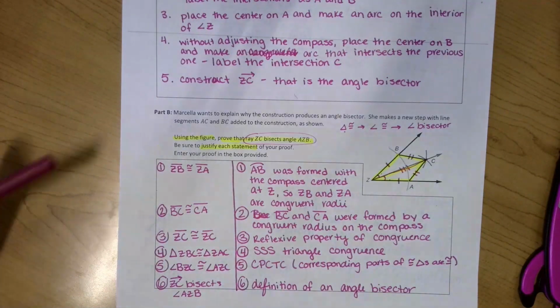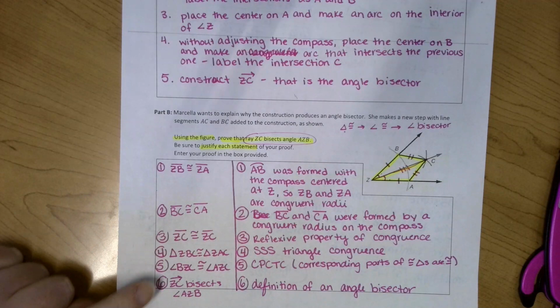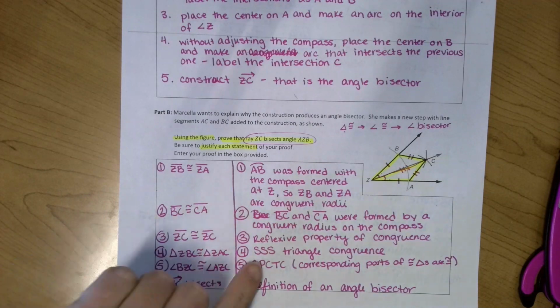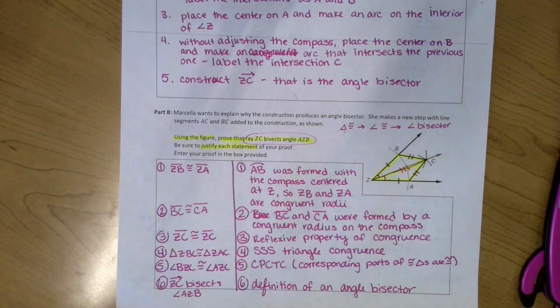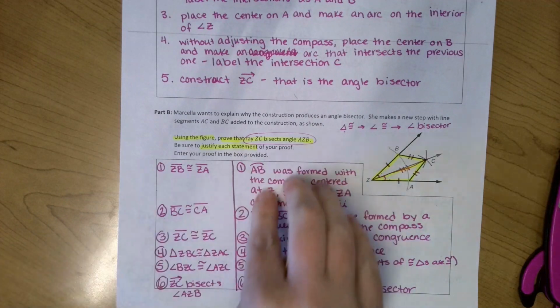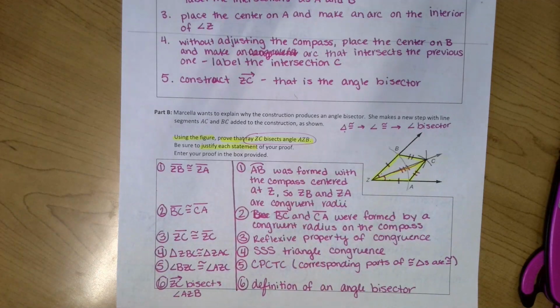I will say this, I believe the proof was 2 points total. Look, if you are confident, please try the proof. But if you are nervous and worried, I know you could have gotten some of these points. Like, you could have said side, side, side triangle congruence even if you hadn't gotten some statements here.